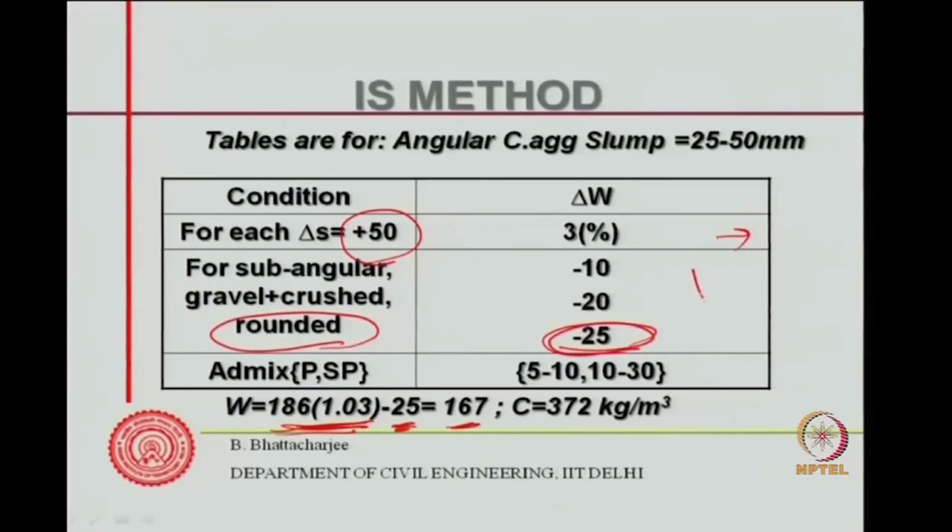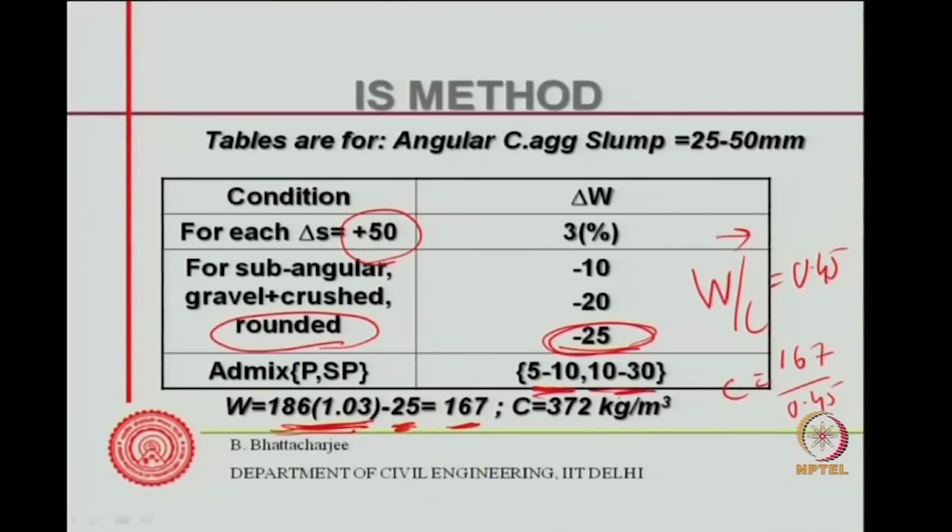With a water to cement ratio of 0.45, the cement will be 167 divided by 0.45. Now this will be my control mix if I am not using any superplasticizer or plasticizer. If I decide to use plasticizer, my water content will reduce.